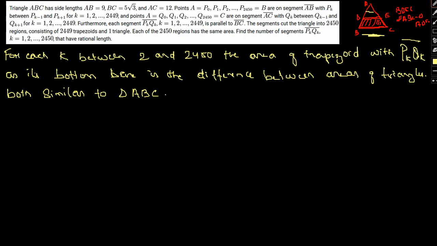So now, however, we know that the area of each shape that we are drawing is 1 by 2450 times the area of triangle ABC. Let me write the statement as well.